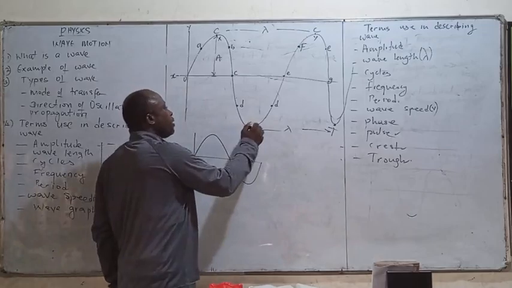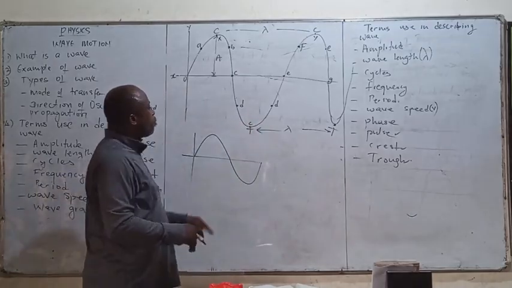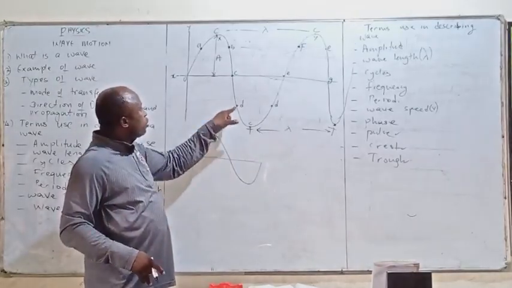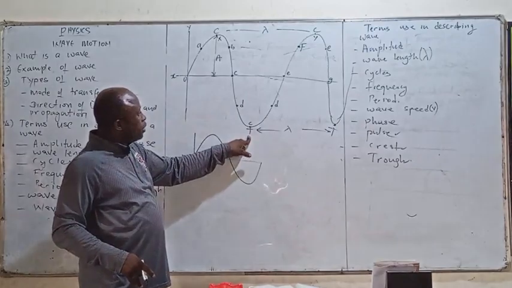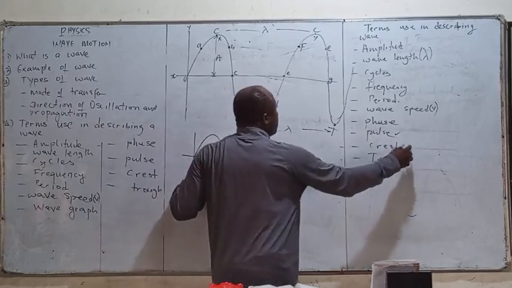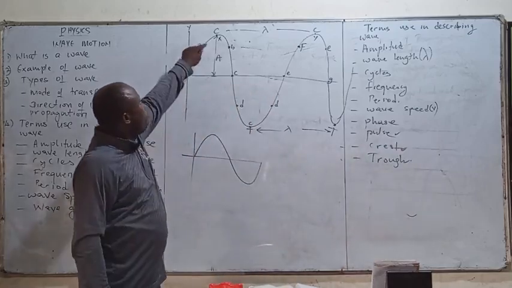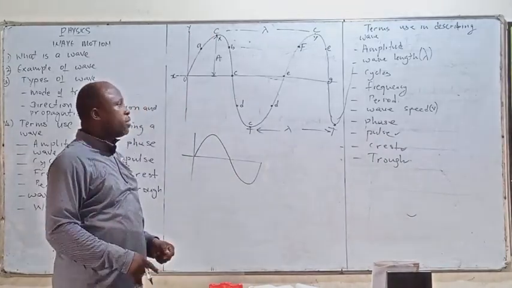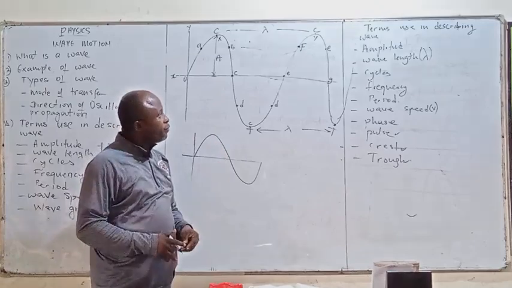From the diagram, a trough refers to the minimal displacement of a particle in a progressive wave. Crest refers to the maximum displacement of a particle in a progressive wave.